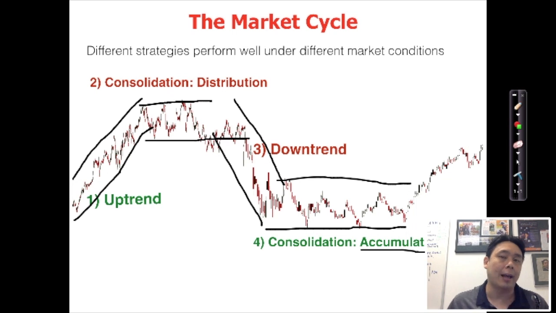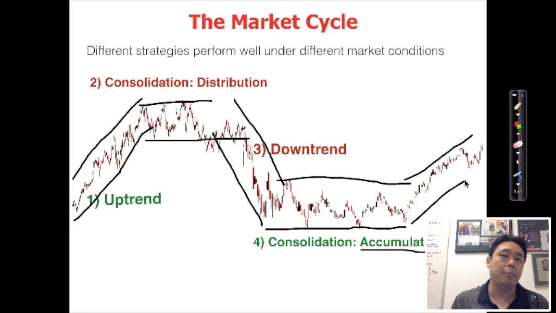At this point, big institutions are beginning to accumulate shares slowly. They don't accumulate fast enough to drive the price up, so that the retail investors can't see. And once they've bought enough, they start to buy more aggressively to push the share price up. Eventually the market will break up into a new uptrend.